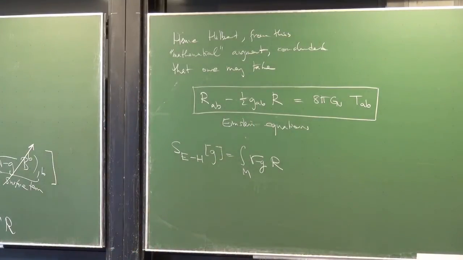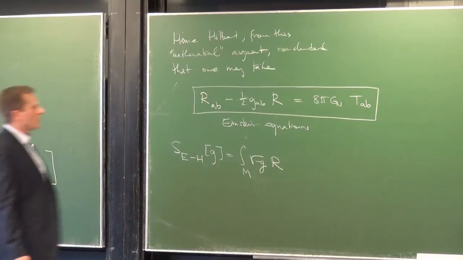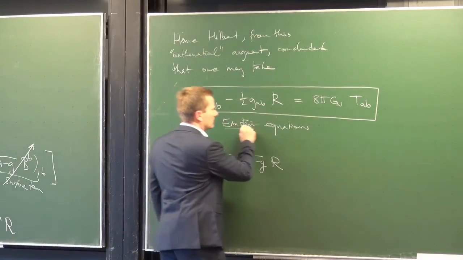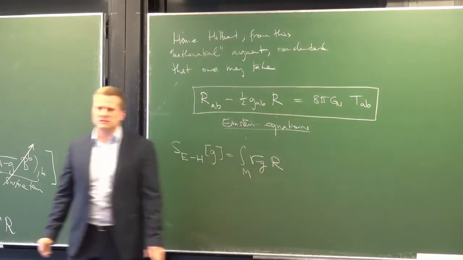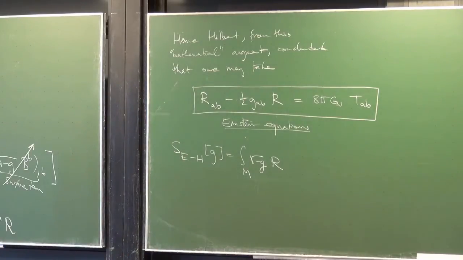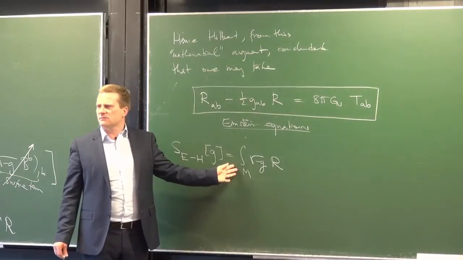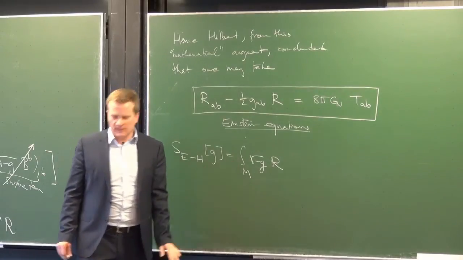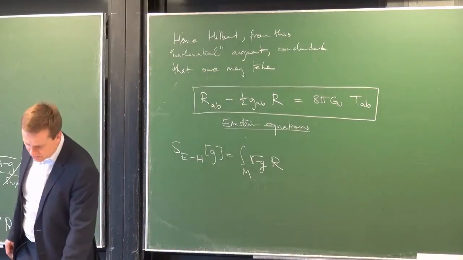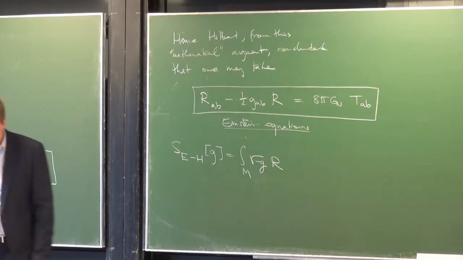Okay? So these are the equations on which general relativity today is based. Now still, there is, at this point, no better argument for this than saying this is a pretty nice compact action, right? So one can, of course, argue whether that's a good reason for a physicist or not.